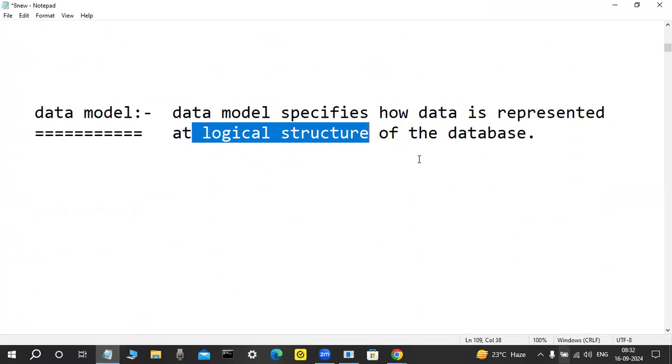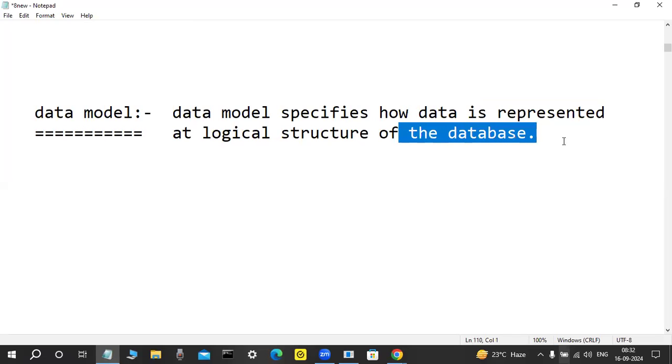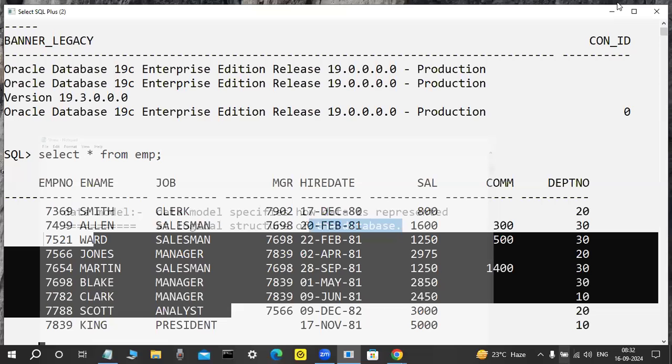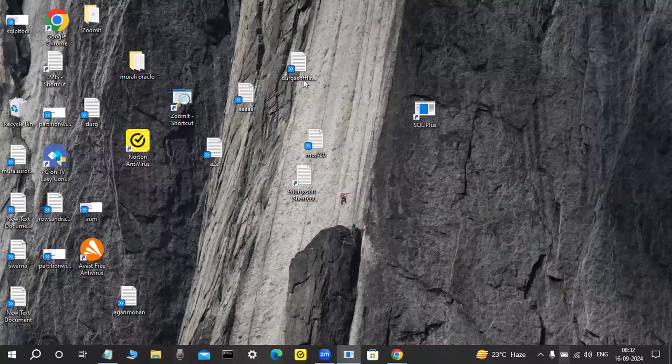In the olden days, in the 1960s, the hierarchical data model was there, and data was represented in the format of a tree structure. In the future, you will become familiar with those concepts. One minute, observe here.